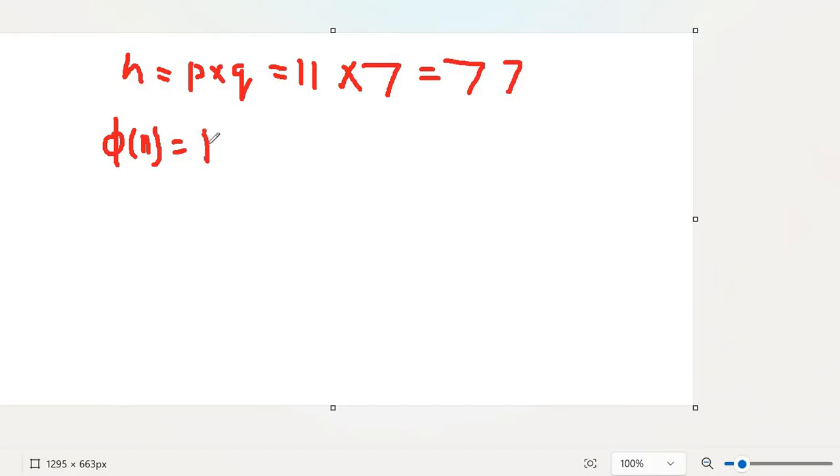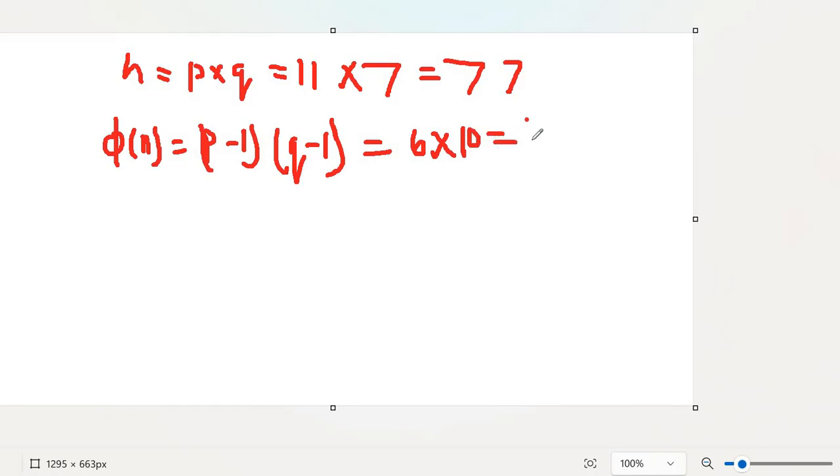These values first you have to calculate. P is 7 and q is 11, so we can write 7 minus 1, 6, 11 minus 1, 10. So it will be 60. Okay.